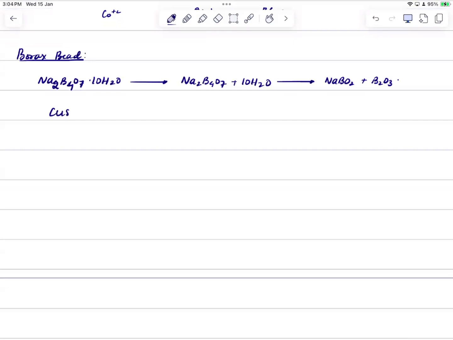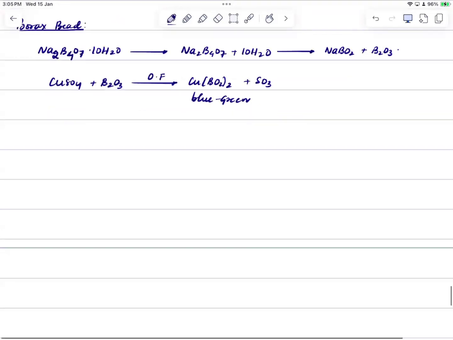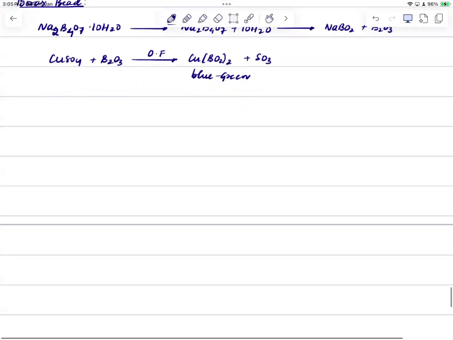Now, suppose if I take copper sulfate or copper 2+, and if I heat it with the oxidizing flame, right? Oxidizing flame is non-luminous. Then first it will become cupric metaborate like this. This is cupric metaborate plus SO3, right? So this is that blue-green color on oxidizing flame, okay?